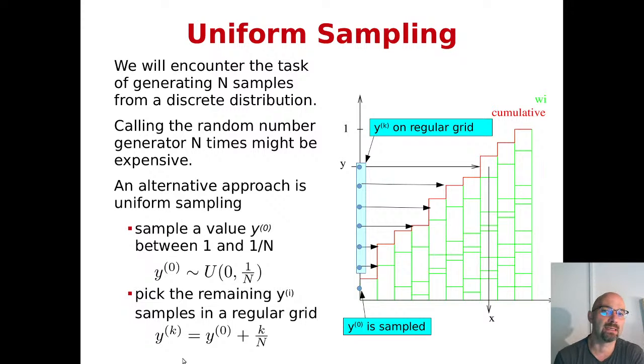Now, to do this in an efficient way, there's a schema which is called uniform resampling. It has computational advantages with respect to the other schema, because it requires to invoke the random number generator only once. Remember that the samples that we want to produce have to be random, which means that if we run this machine twice, we might expect to have a different order and number of samples generated.